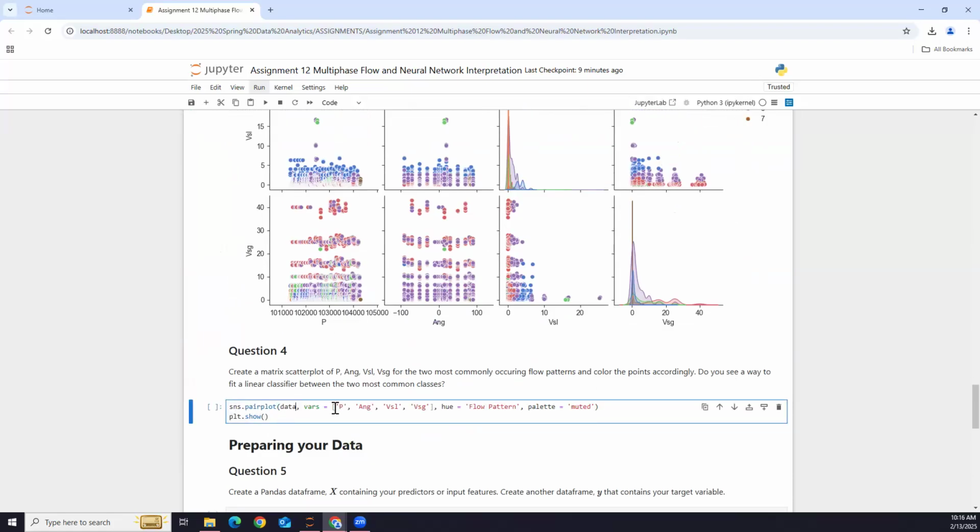So let's select those. I'm going to select, make sure that I select the flow pattern equal to class 4, or flow pattern equal to class 5.